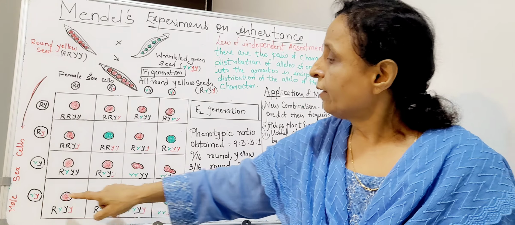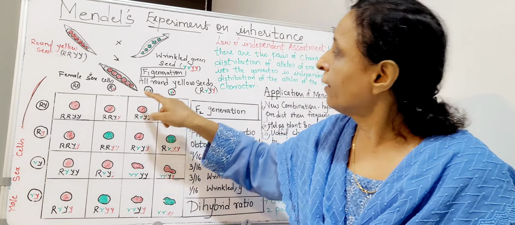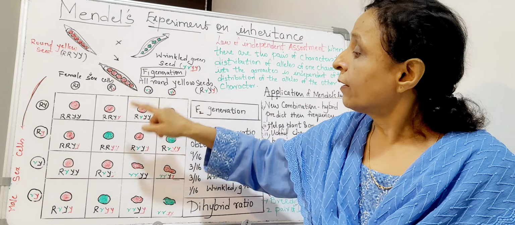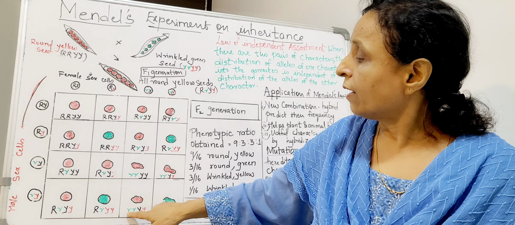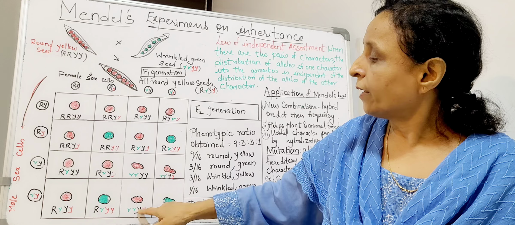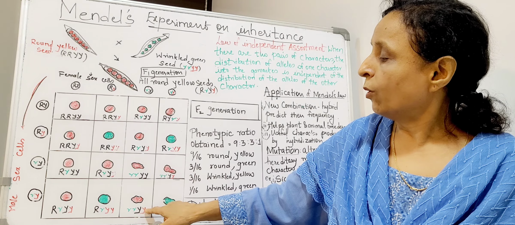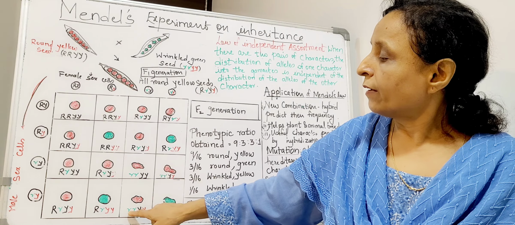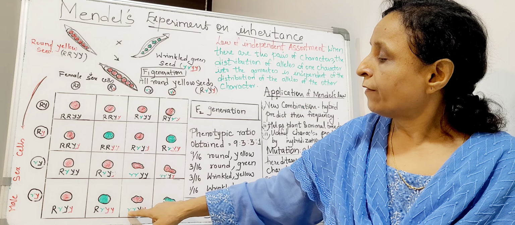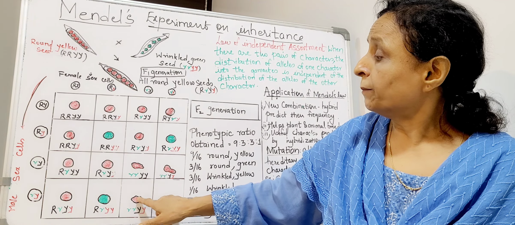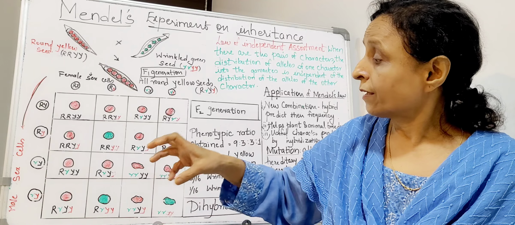Now we combine this RY into this RY. Here small r are present, one capital Y is there, small y is there. So rr both are recessive, therefore it is crumbled.